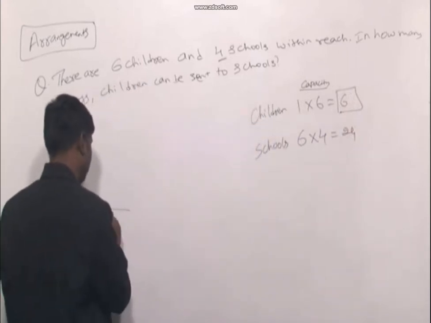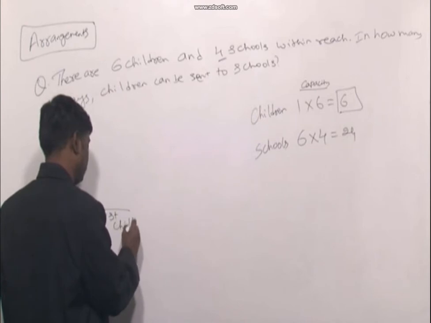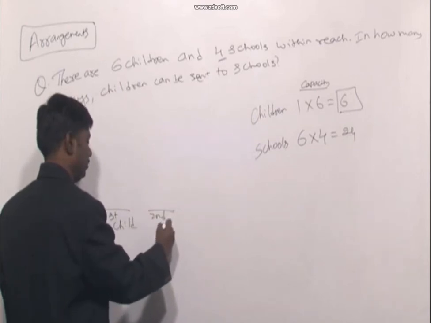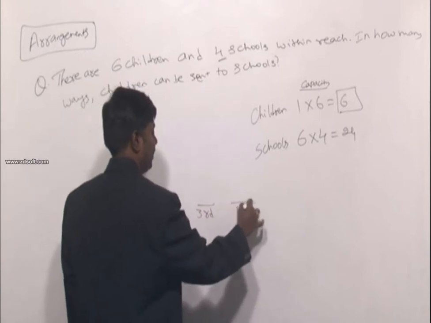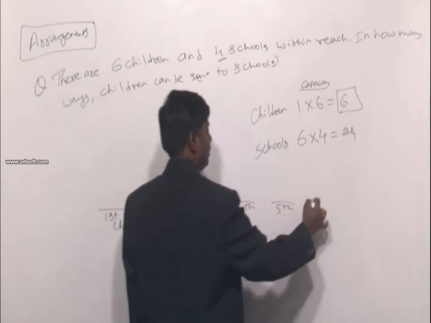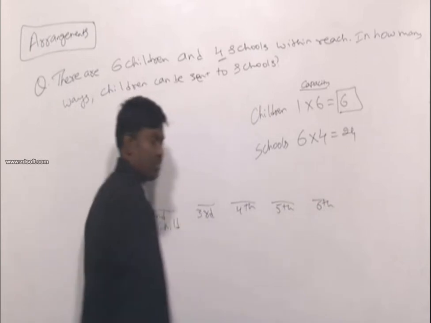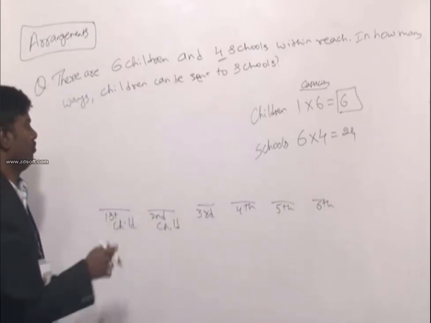So consider first child, second child, third child, fourth child, fifth child, sixth child. First child can go to any of the 4 schools in 4 ways.